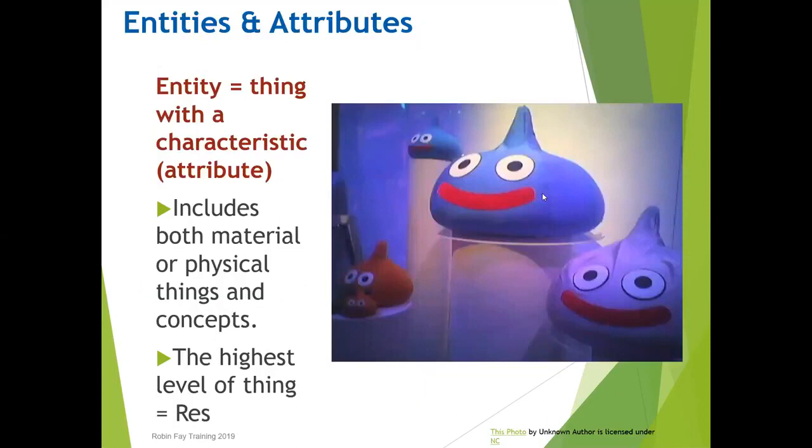So talking a little bit more about this terminology, because I think the terminology is a little bit challenging if you've not dealt with it before. An entity is just a thing with a characteristic. Characteristic is an attribute. For the purposes of the library reference model, for the purposes of how we think about entities, this can be material or physical things.